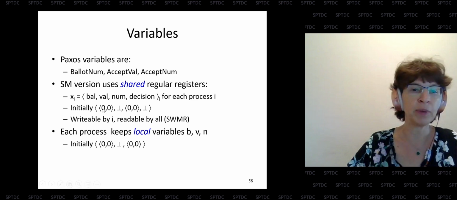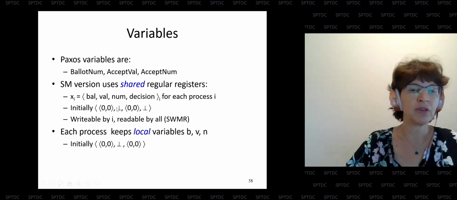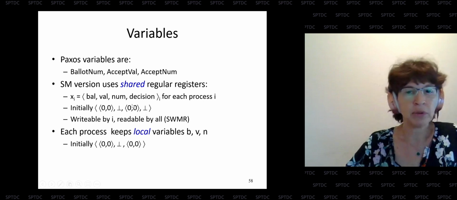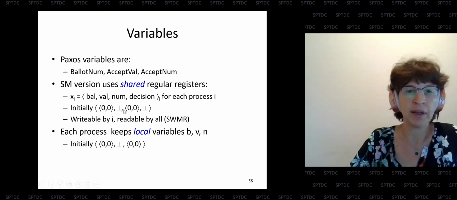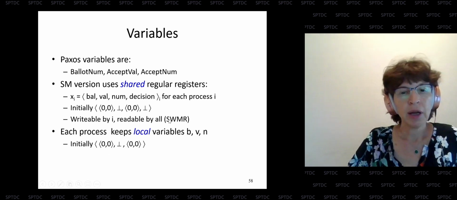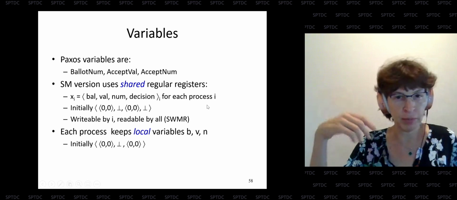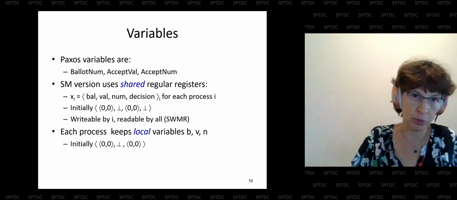So my first ballot would be 1, Idit. And then since we haven't decided anything yet, the decision value is going to be bottom. The accept num and the accept val are also going to be bottom and 0, 0. Each process has local copies of these values, which it maintains locally and then uses to write to the global memory.